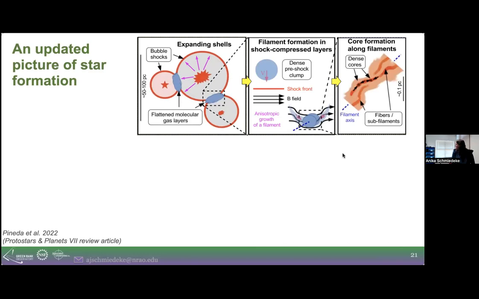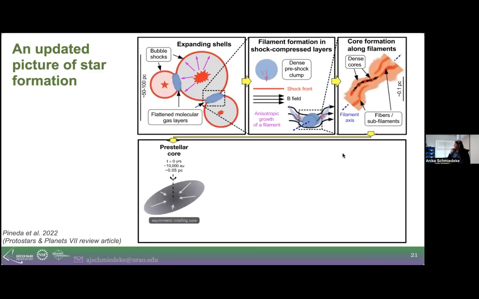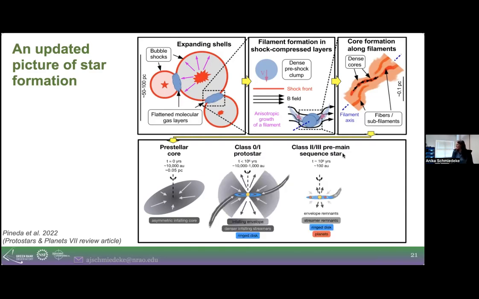And from there, we basically go into the same stages I've shown you at the beginning, but now with the added criterion that we do not have symmetric infall, but asymmetric infall, and that we have streamers that are forming and transporting material onto the central object that forms.